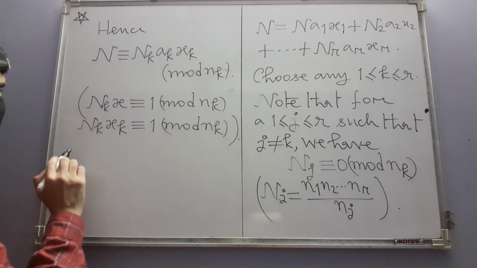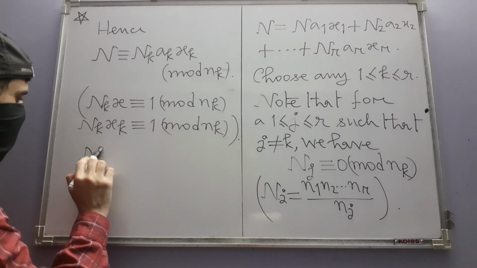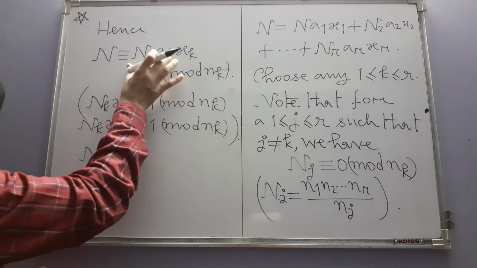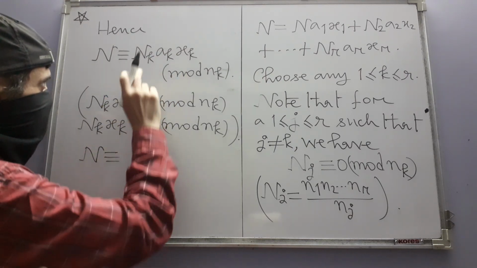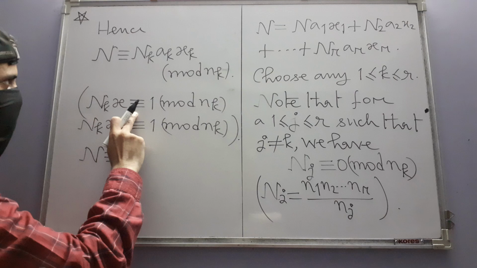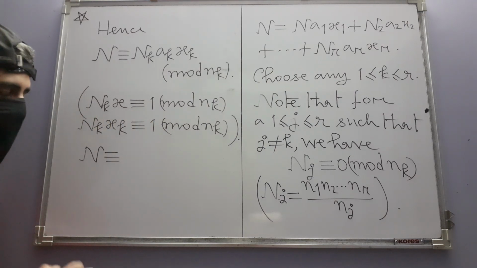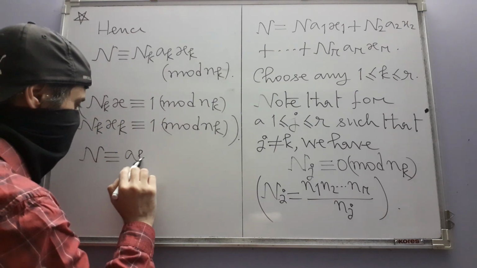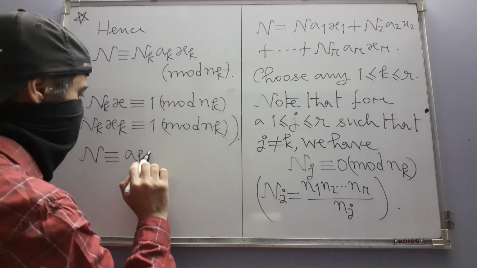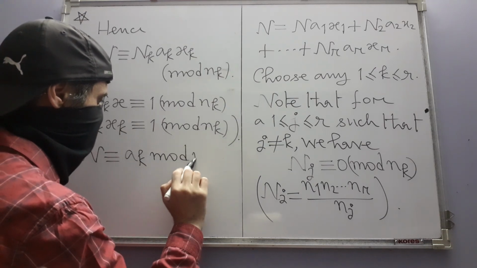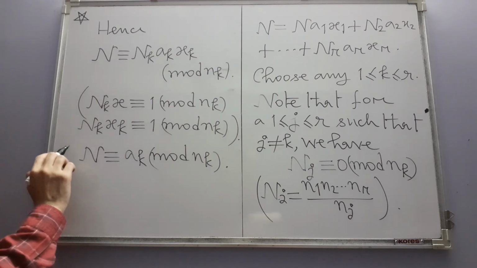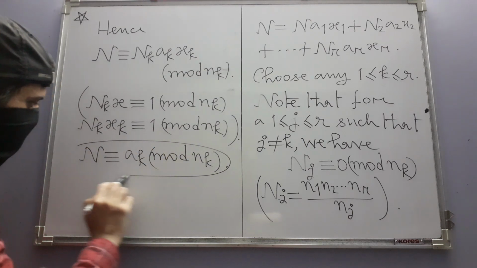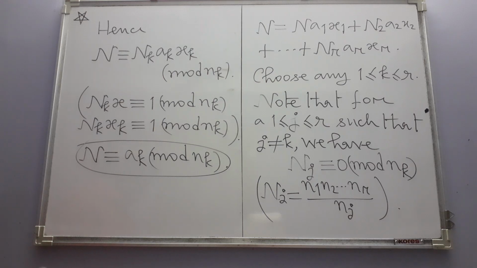Because of this, Nk times xk becomes congruent to 1 mod nk, so that ultimately becomes ak. So you see that yes, our N actually satisfies the kth congruence of our original system.